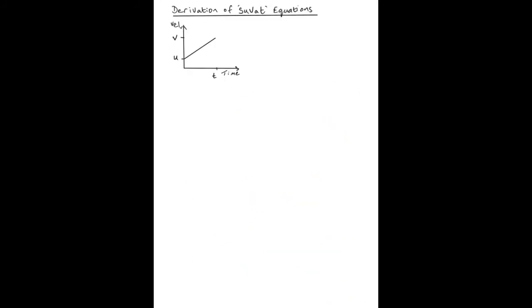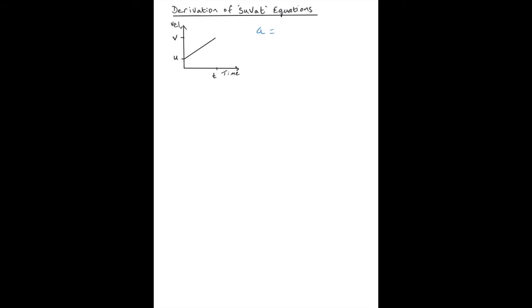As we have previously used the SUVAT equations in this work, we will now consider their derivation. The graph illustrates an object which accelerates with constant acceleration a from an initial velocity of u to a final velocity of v over a time interval of t.